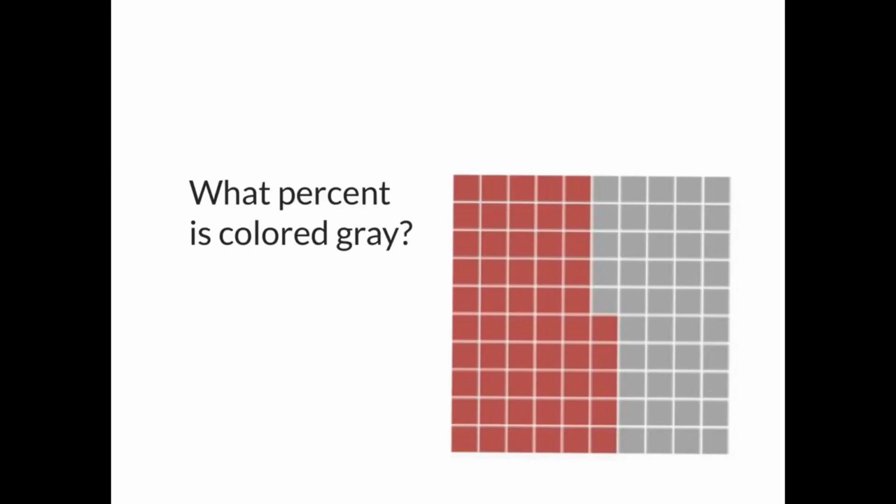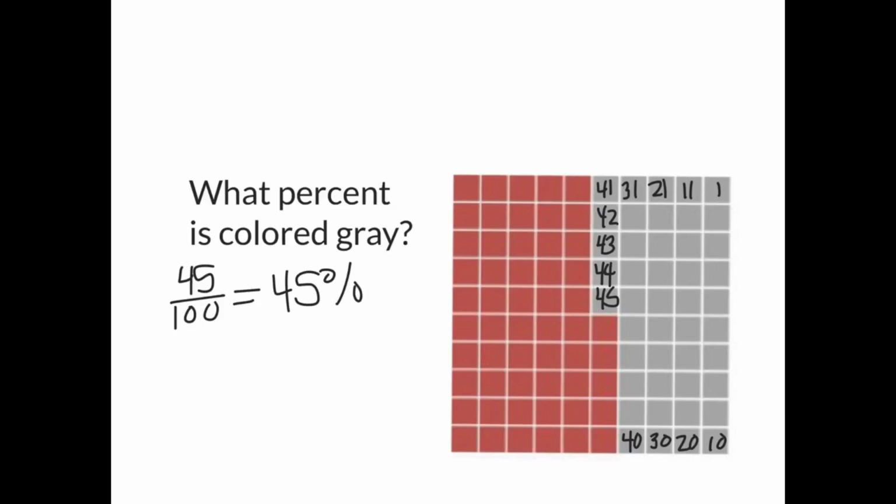What percent of that same block is colored gray? 45 out of the 100 blocks are colored gray, which can be written as 45%.